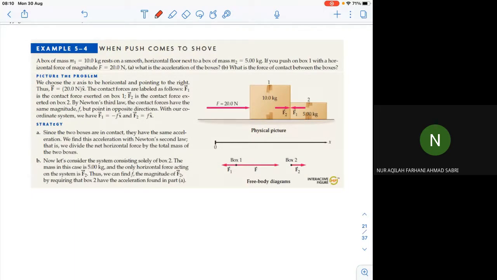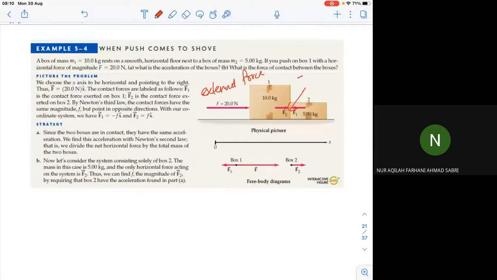Right, so these are some examples of when push comes to shove. When you have two boxes attached to each other, and you try to push or give a force on only one of the boxes, you can consider that an external force, where we will have an action-reaction force.